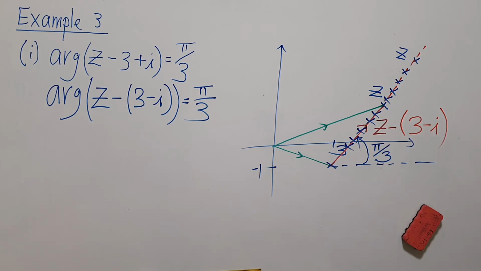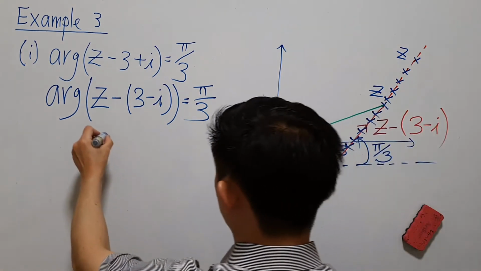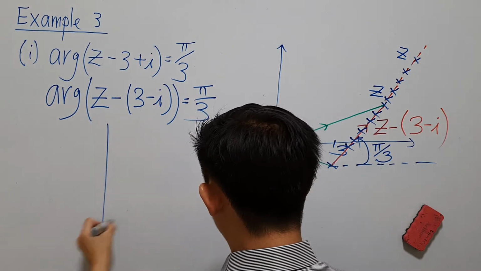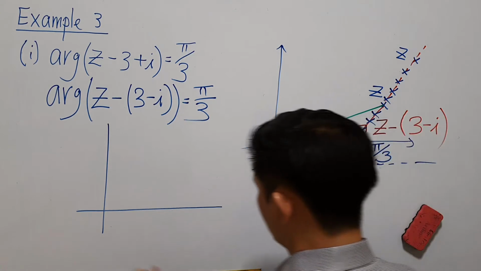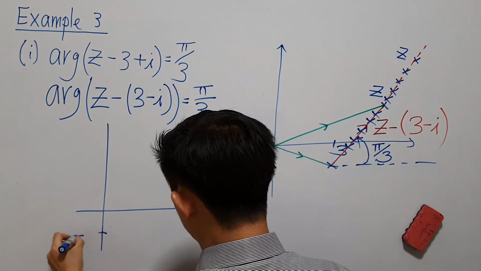So what are you going to have? The locus of points that you need will be points on this line.